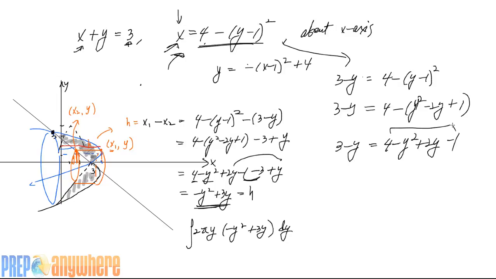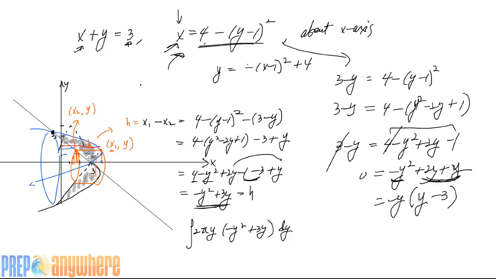So these two add up to give you 3, that will cancel out with the 3 on the other side, plus y on the other side. Factor out a minus y. From there you get a y. This is a 3y, so you're going to get a minus 3. So we're intersecting at 0, that's 0, and this is 3. So we're integrating from 0 to 3.